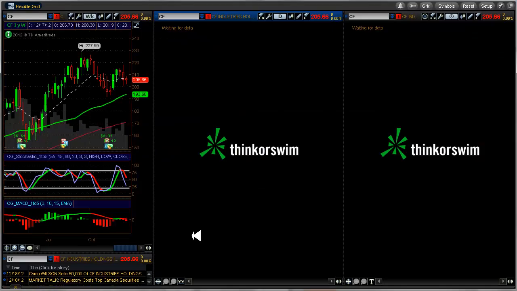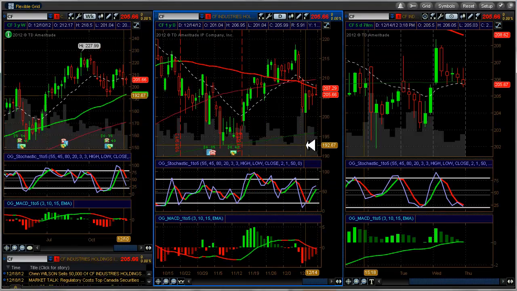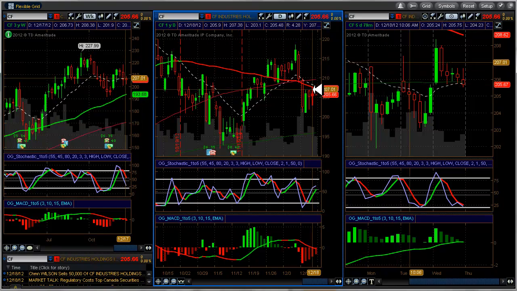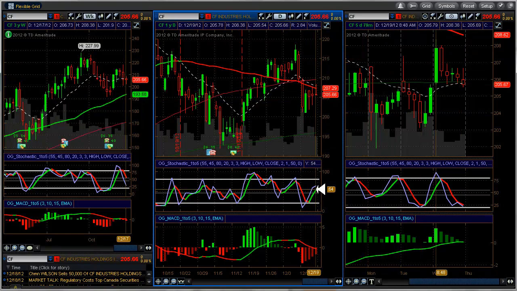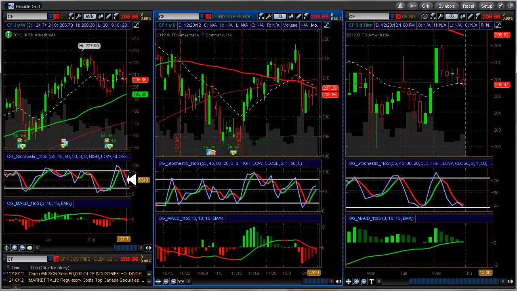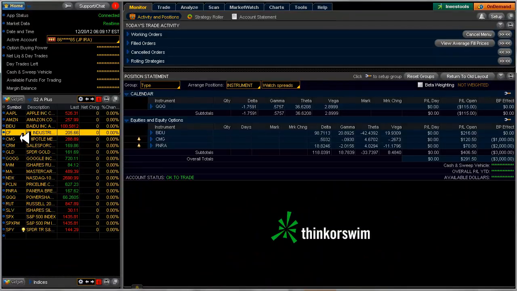CF Industries, downtrend on the midterm. We need this to stretch itself a little bit more, possibly to get up closer to 80 in an uptrend on the long term. Maybe we'll get a bounce down here, but with the holidays coming, I don't think anything's going to be doing too much.